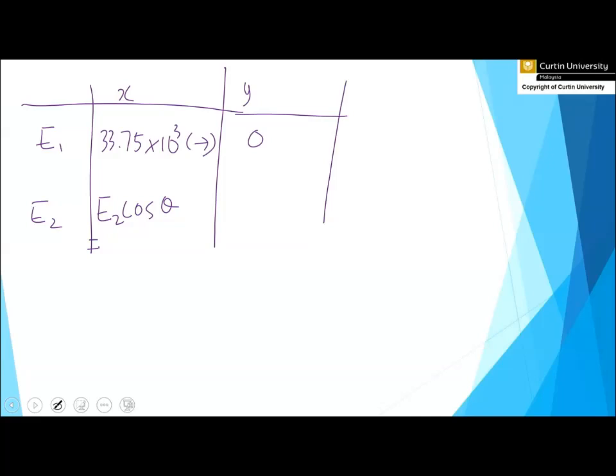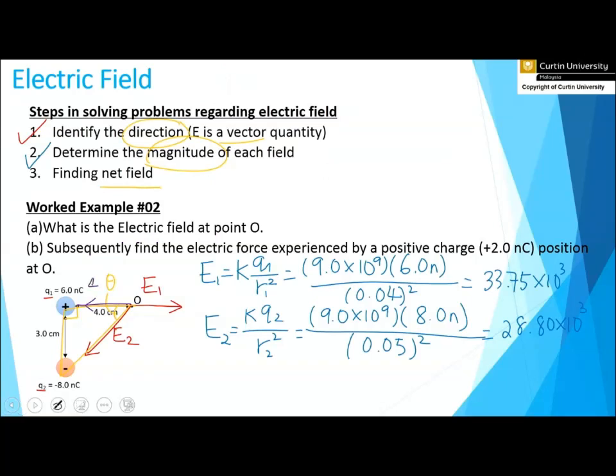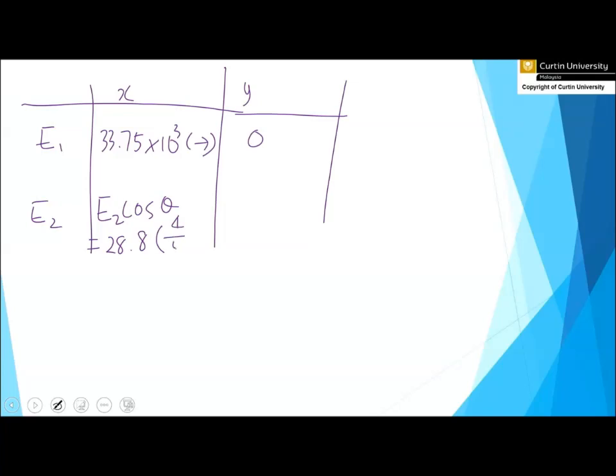E2 is 28.8. Cos theta is correct, like just now, it's 4/5. So you get 23.04 times 10 to the power of 3. What is the direction? Moving towards the left.